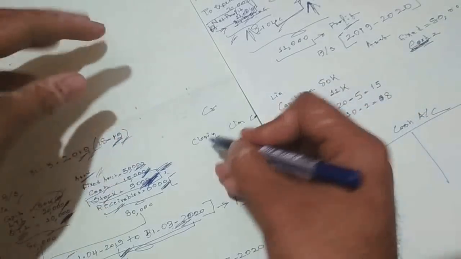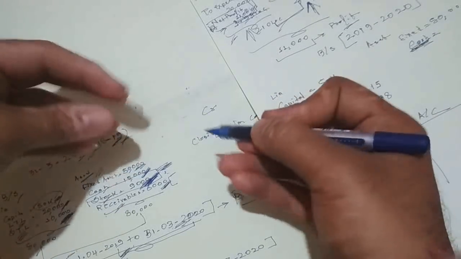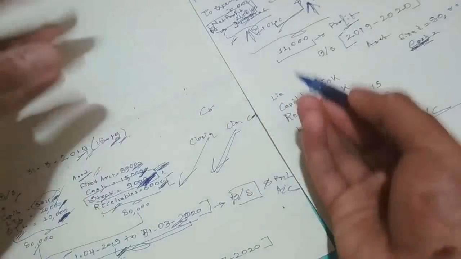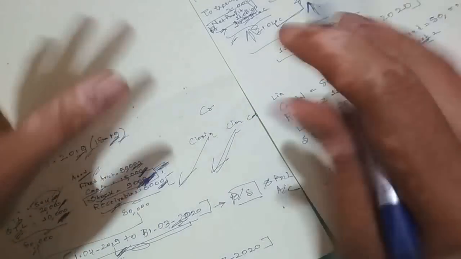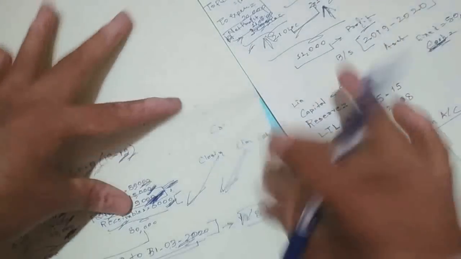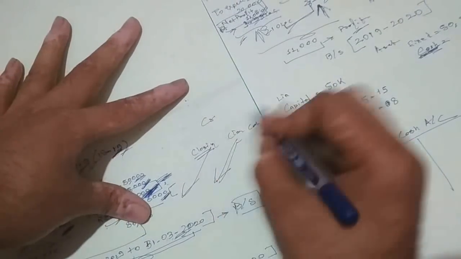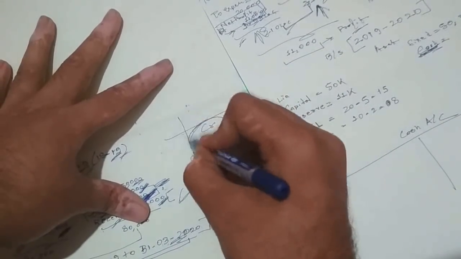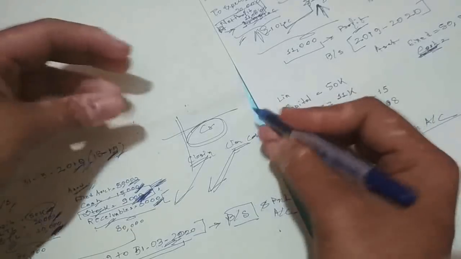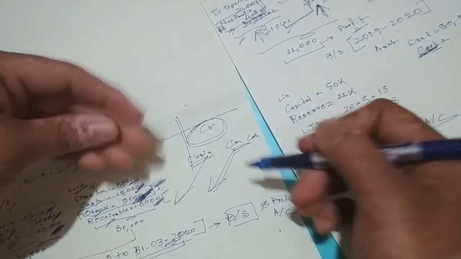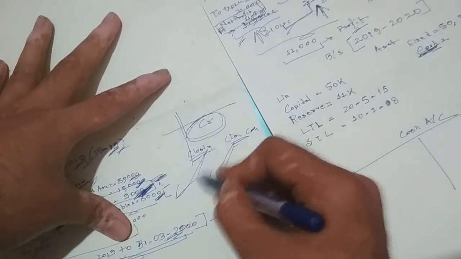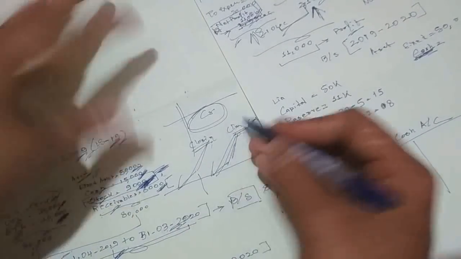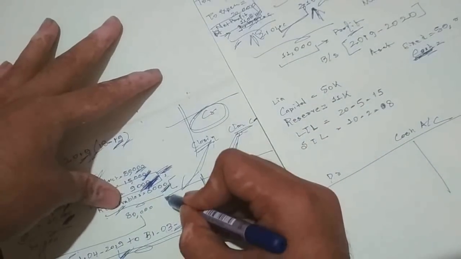And when we make the balance sheet or the profit and loss account for the next year, let me make it very simple. The closing stock or the closing cash will be on the credit side of any ledger. But when we are moving from one year to another year, we have to write this closing cash or closing stock for the next year in the ledger on the debit side.